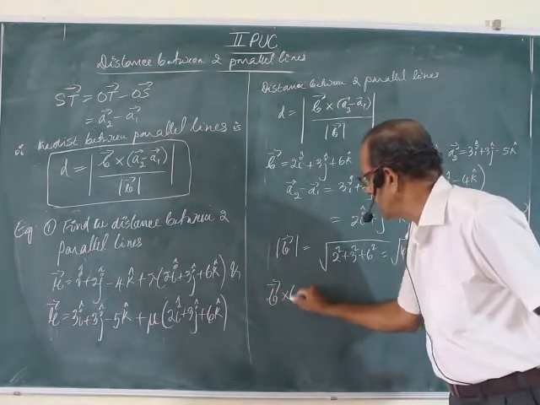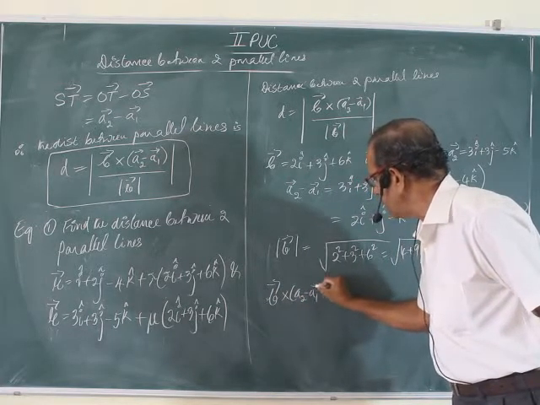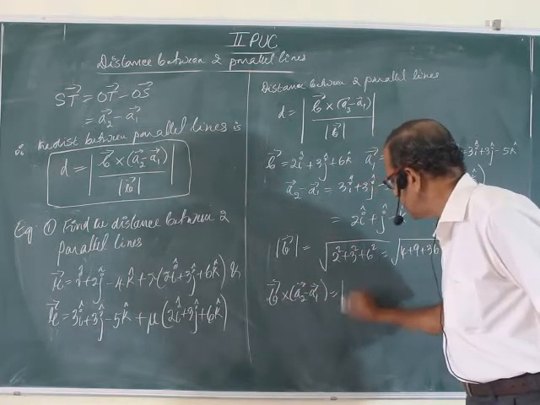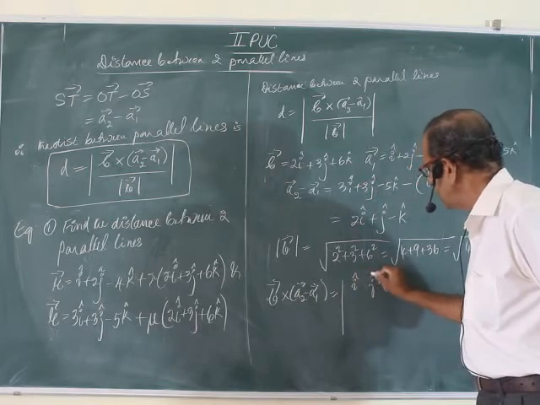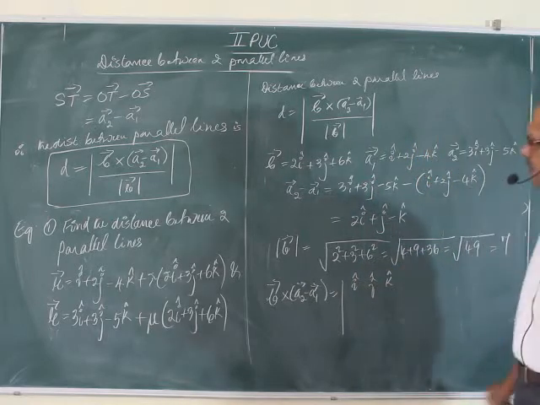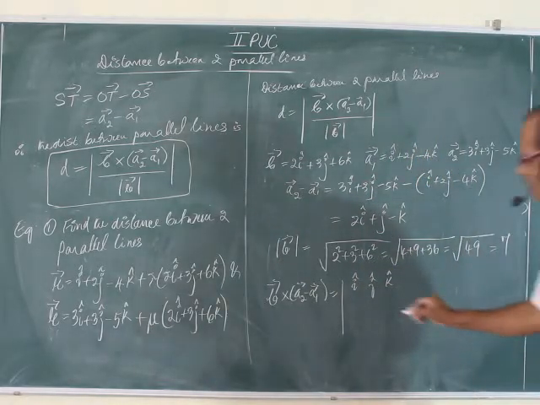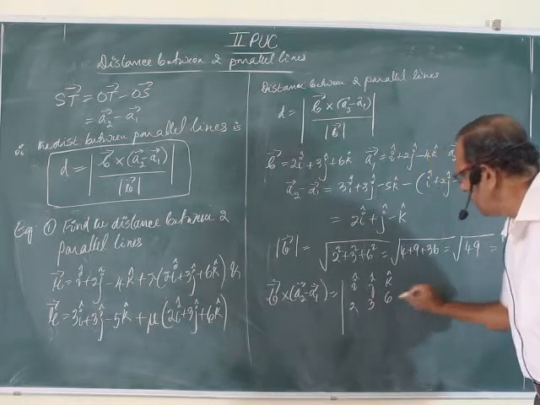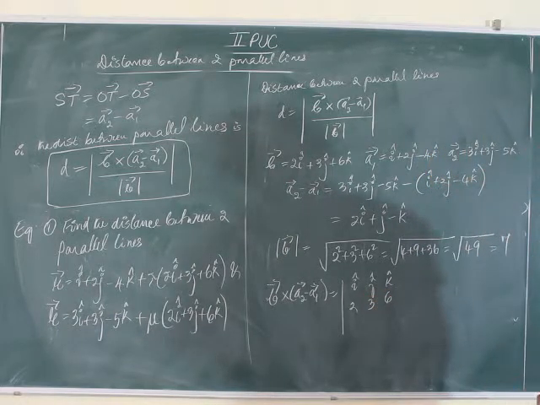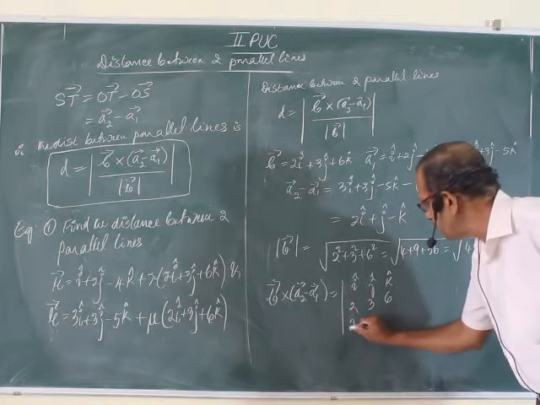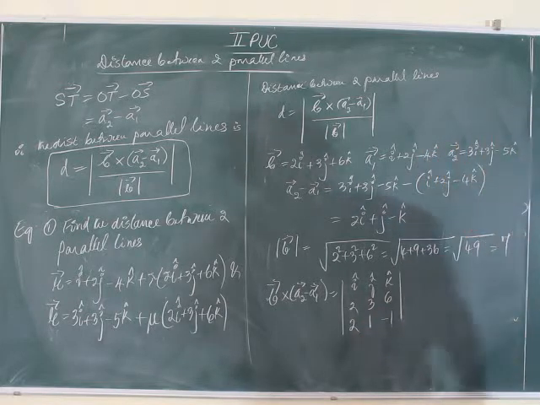B cross A2 minus A1 is the determinant. I, J, K. Vector B is 2, 3, 6. Vector A2 minus A1 is 2, 1, minus 1.